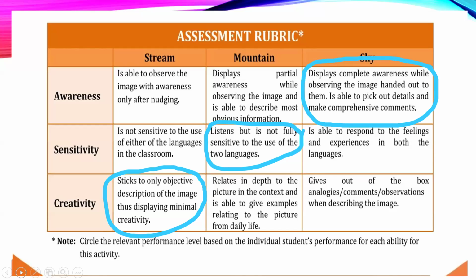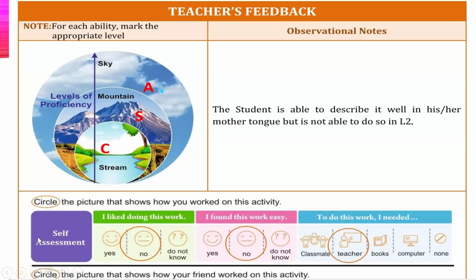If you have something in mind for the child, you have to circle awareness. Now you feel that the child is sky level, so you just circle this. Sensitivity, the child is mountain level, so you circle this. Creativity, you feel the child is stream level, so that's how you circle it. Now, what I had been mentioning before, see this over here. The student is able to describe it well in his or her mother tongue, but is not able to do so in L2.